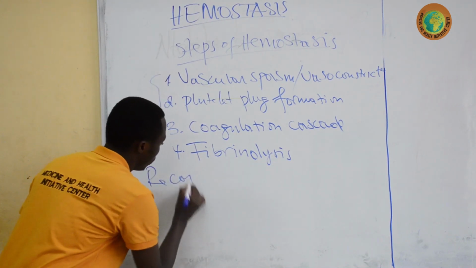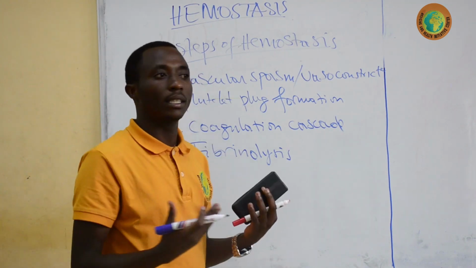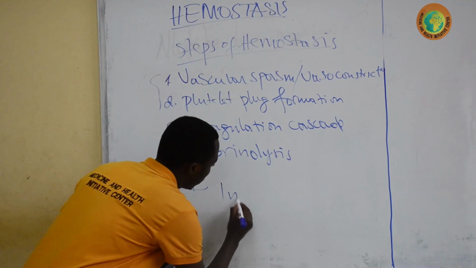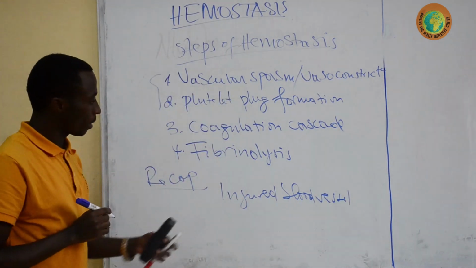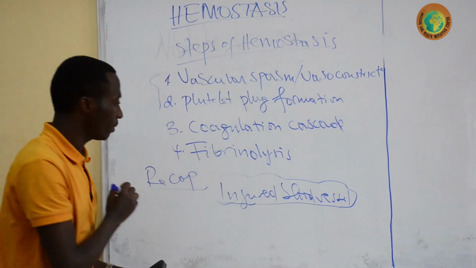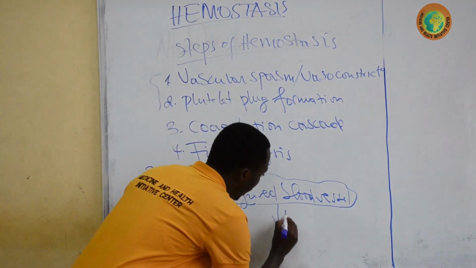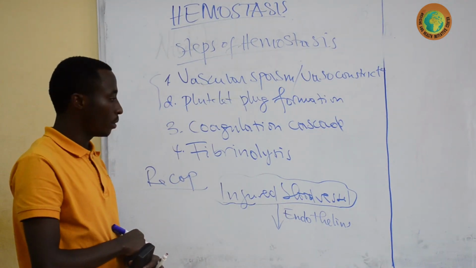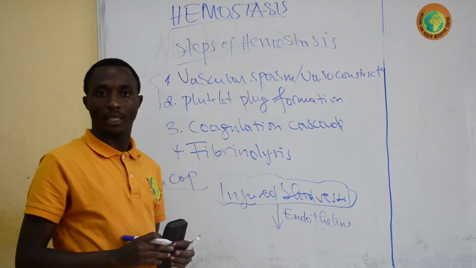As a recap, when a certain part of the blood vessel is injured, there is an immediate release of the vasoconstrictor endothelin, released by vascular lining cells and pain receptors.